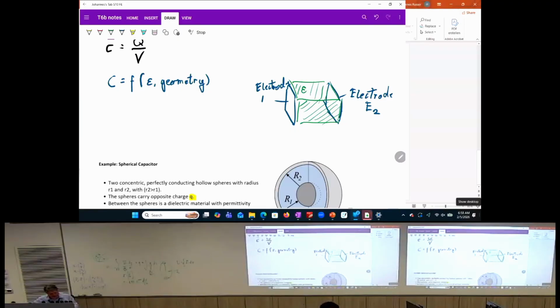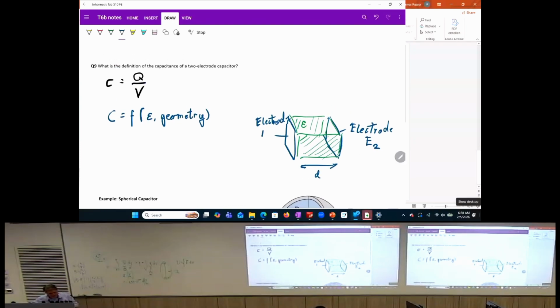These plates have a separation. This is a specific example for a parallel plate capacitor, but the formula that I've given above, C is Q over V, holds for any arbitrary capacitor geometry.